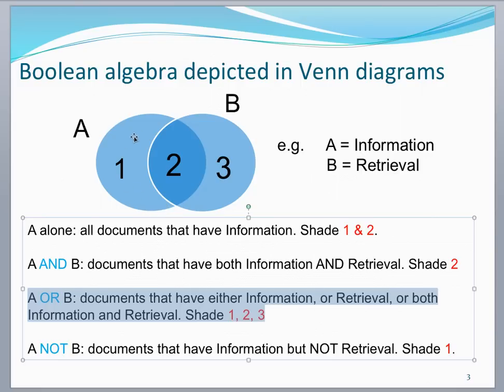This means A NOT B. If we go the other way around, B NOT A, then we will be retrieving number 3 only. So we will retrieve fewer documents. These are your basic Boolean operators, and it's a very effective and efficient way to search databases.